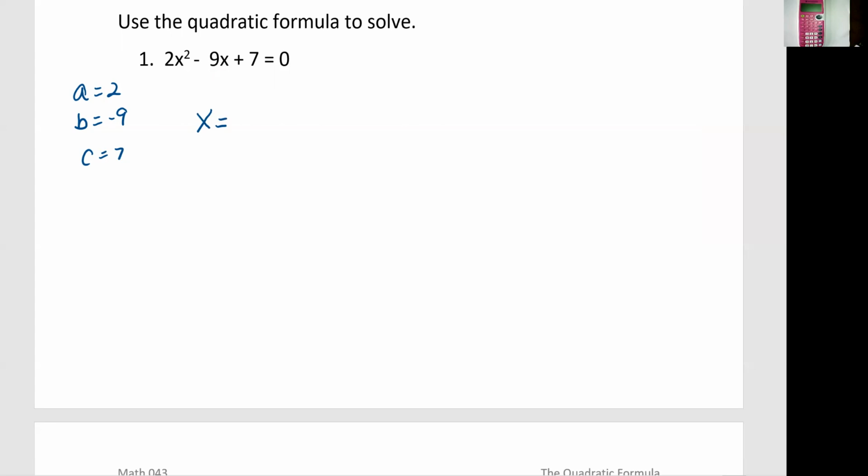So if b is already negative, a negative and negative would make a positive. The square root of b squared is -9 times -9. I'm going to write that as 81 minus 4 times a times c, all divided by 2 times a, and 2 times 2 is 4.